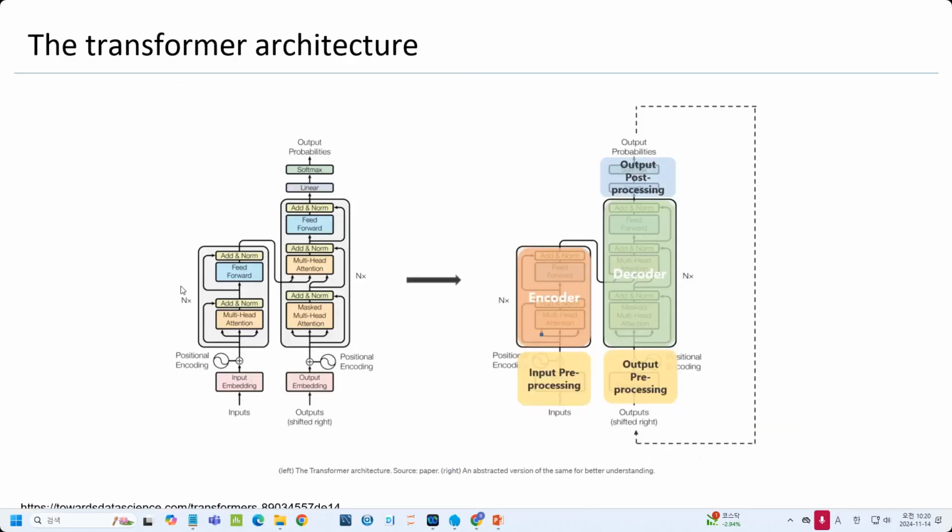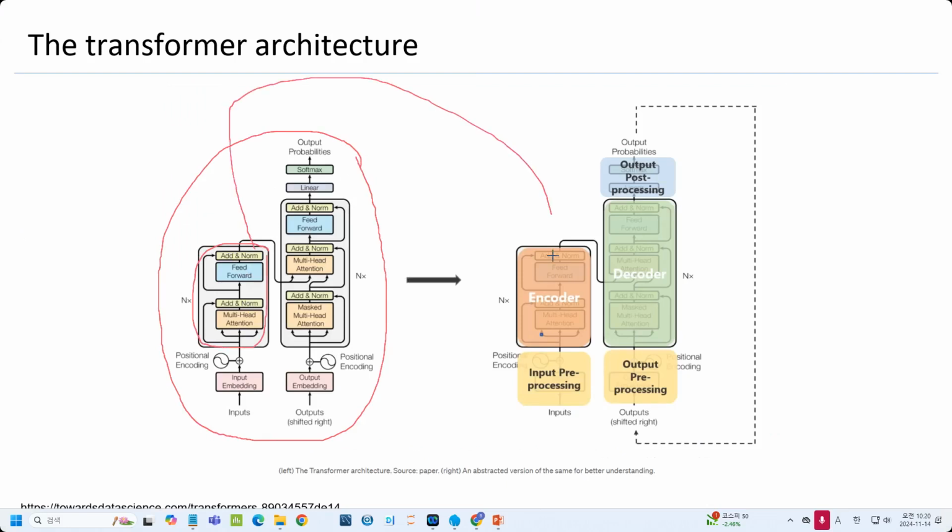So the transformer architecture is from the publication by Vaswani in 2017, with the attention mechanism. You can see it like this one. And this transformer architecture, you can look at the detail. This one is dedicated to the encoder.